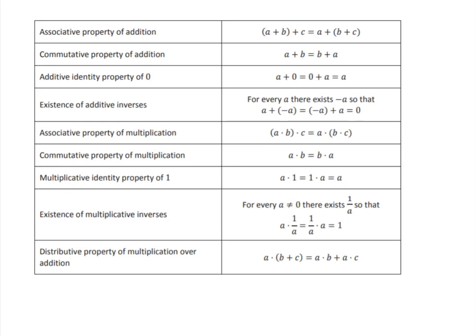And I just want to point out a couple of the properties that we're going to take a look at. Probably the two most important ones right now are associative and commutative. Associative is just, you haven't moved any of the numbers around. However, you put grouping symbols so that you did something first, okay?